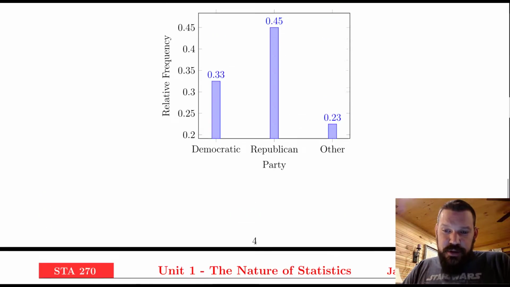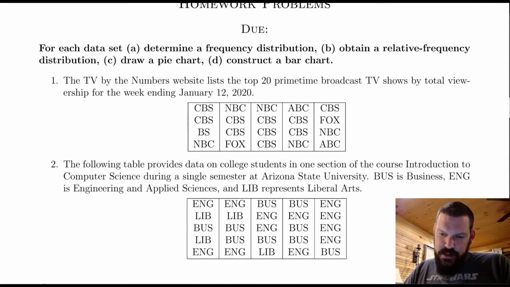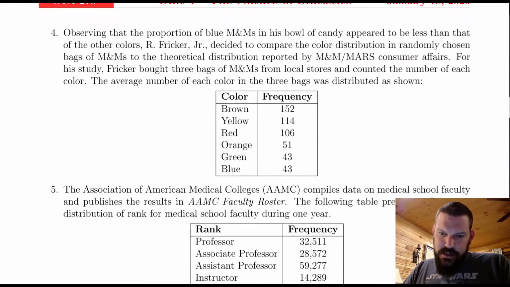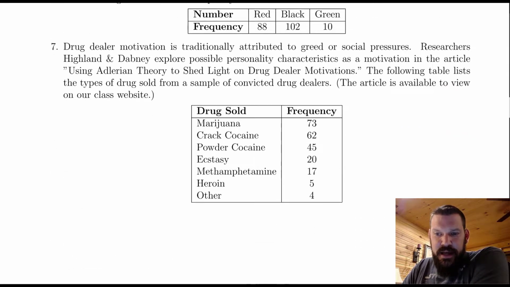But this really should be pretty straightforward, and I'm happy to answer any questions you guys have. One thing I do want to mention real quick, I don't know if I have anything in this set of homework, but a lot of times when I reference a particular study or an article that has been published, I'm going to put a new tab on our website. I know that you guys have better things to do than read some statistical analysis and read some of these papers that are written, but I do encourage you maybe from time to time to take a moment and read one or two of them.